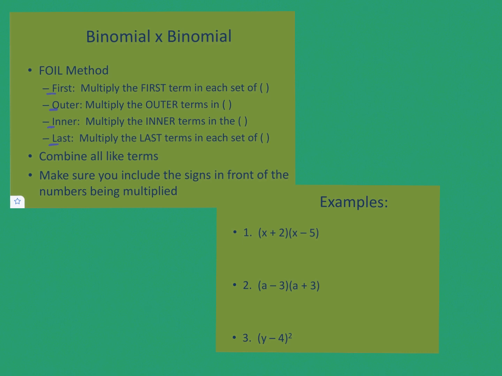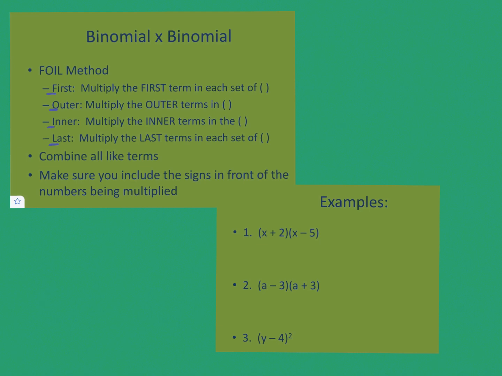making sure that you include all of the signs that are needed, especially for the negatives. If the first term turns out to be positive, you don't have to write that. And again, our rules for our exponents with our like variables is still something we think about.